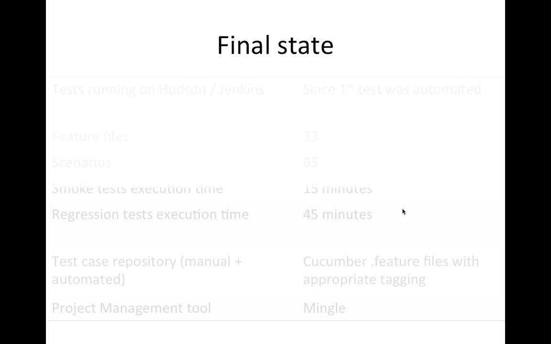So for this particular auction product, at the end of 1 year, we had the tests running on Hudson and Jenkins. In fact, the first test that we had was to log in in order to create a sale. As soon as we wrote that login test, we put it up on Hudson. So our infrastructure got stabilized and set up with the very first test itself.